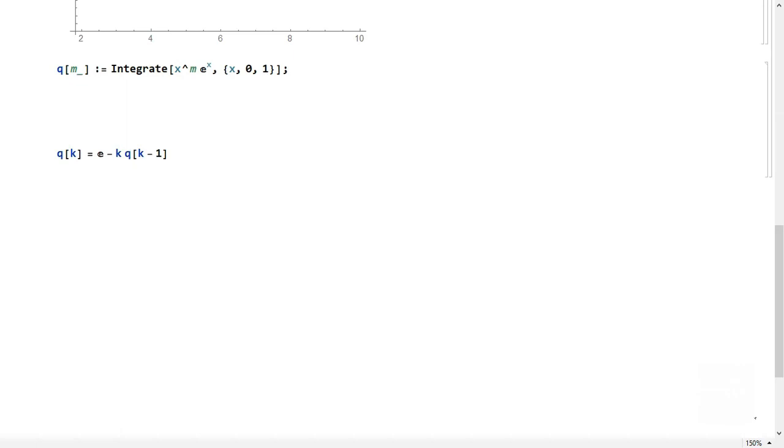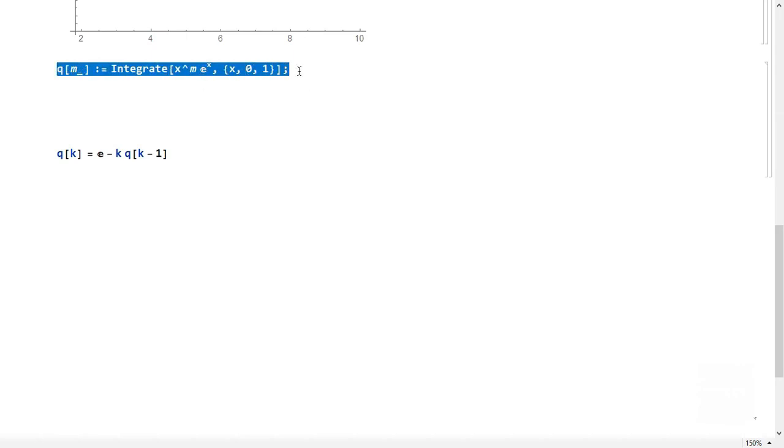If I do that, on the left hand side I'll have q1, and on the right hand side I'll have q0. Can I evaluate q0 from the defined function? Yes, I can, because if I put m equals 0, this becomes just e to the power x dx.